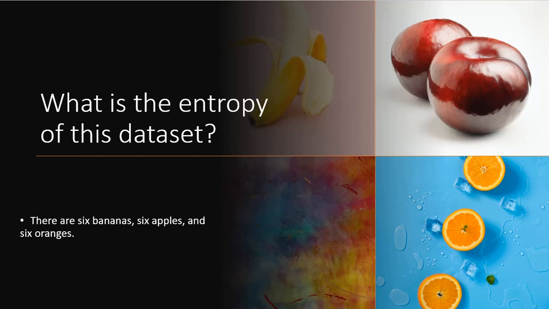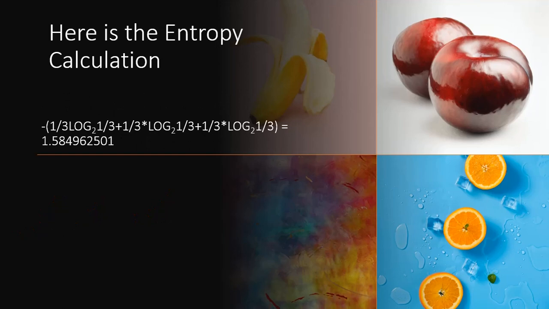It's important for us to know that in this data set we have 6 bananas, 6 apples, and 6 oranges. The entropy calculation is right here for this 18 pieces of fruit data set that we have. And given that there's the exact same number of bananas, apples, and oranges, the calculation appears to be pretty easy.